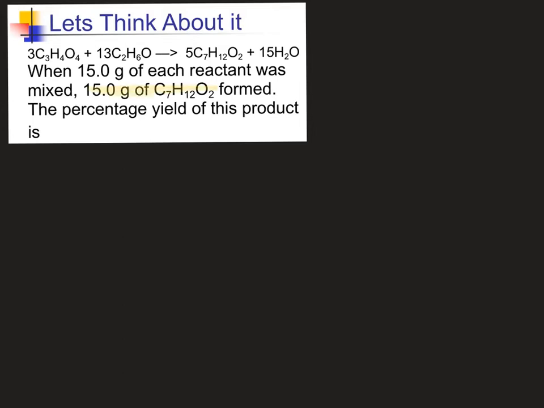What sometimes gets students is how this is worded, in that we have 15 grams of each reactant. We only see two numbers there, but in all reality, that's three numbers.